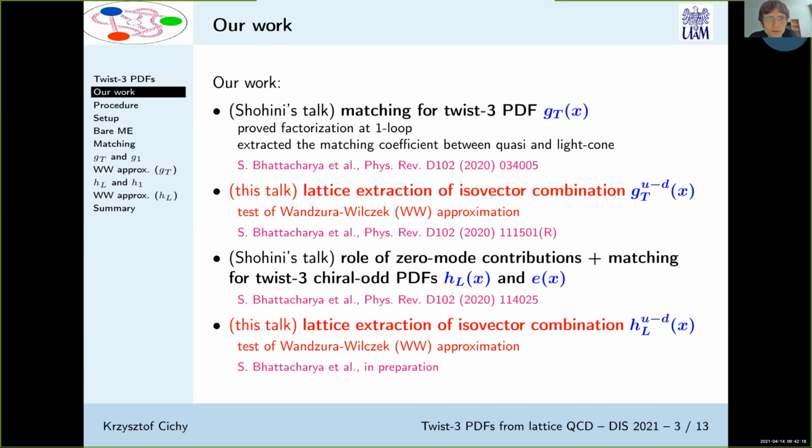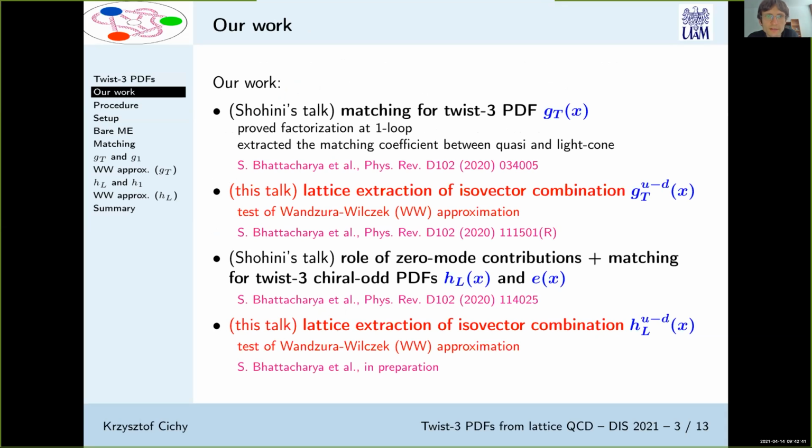So the first part of our work was presented by Shohini. This was the derivation of the matching formula. Since we cannot directly access light cone correlations on the lattice, we have to go to alternative methods. One of them is the quasi-distribution approach, where you compute instead spatial correlations.